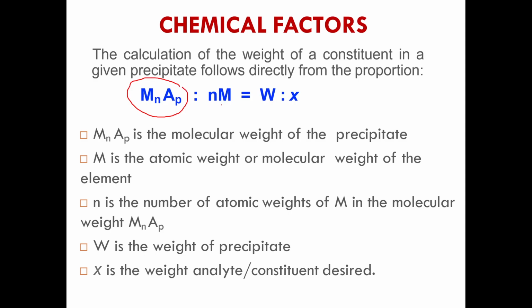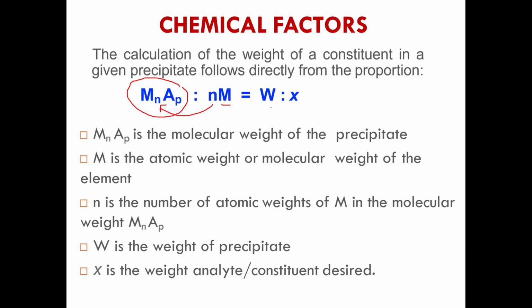So m is the atomic weight or molecular weight of the element, and then multiplied by n. So n is how many atoms of the element are in the molecule A, which is the precipitate. Okay, and then equal to W ratio with S.